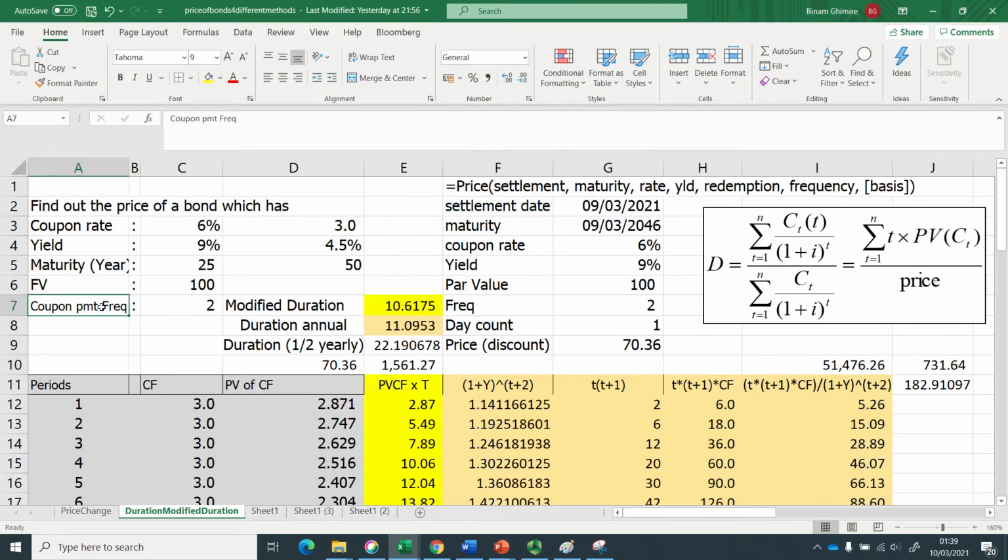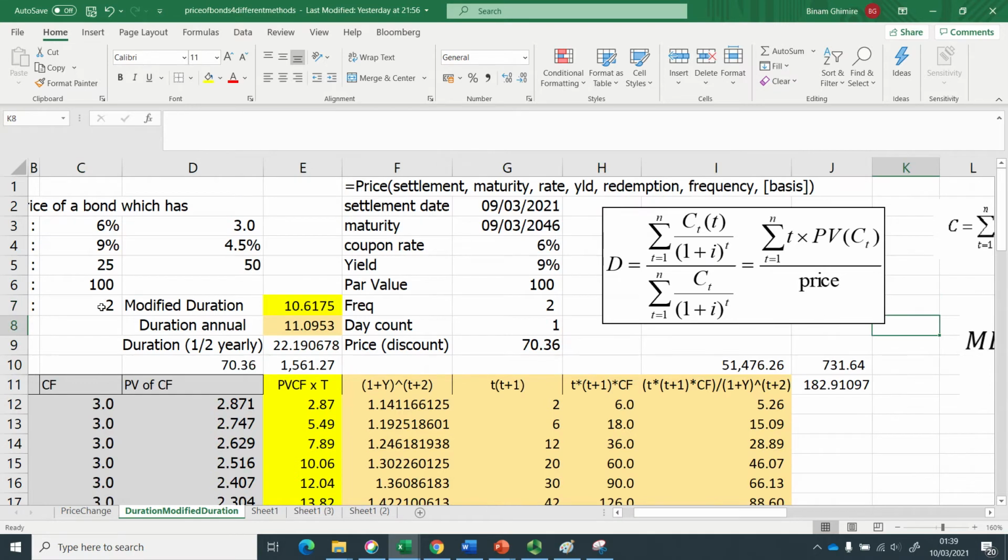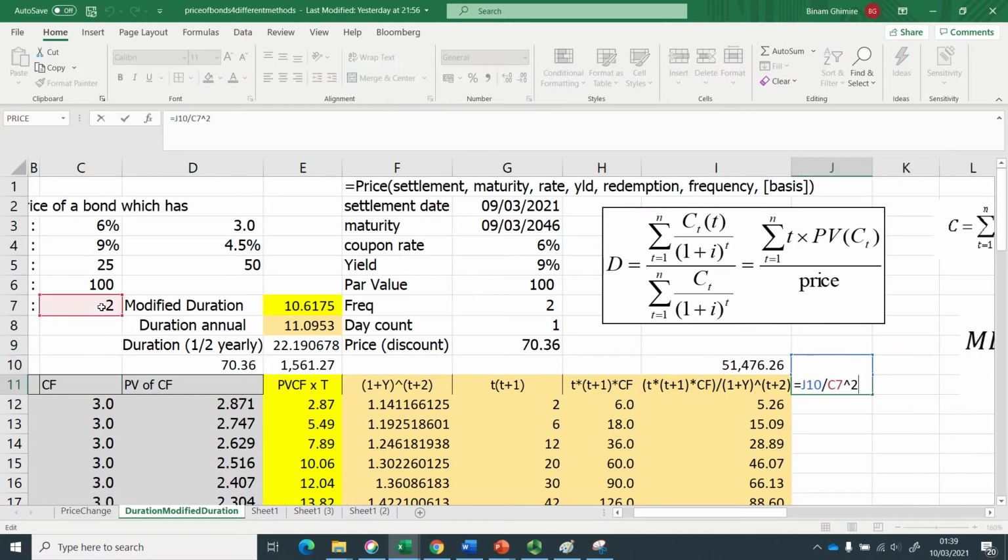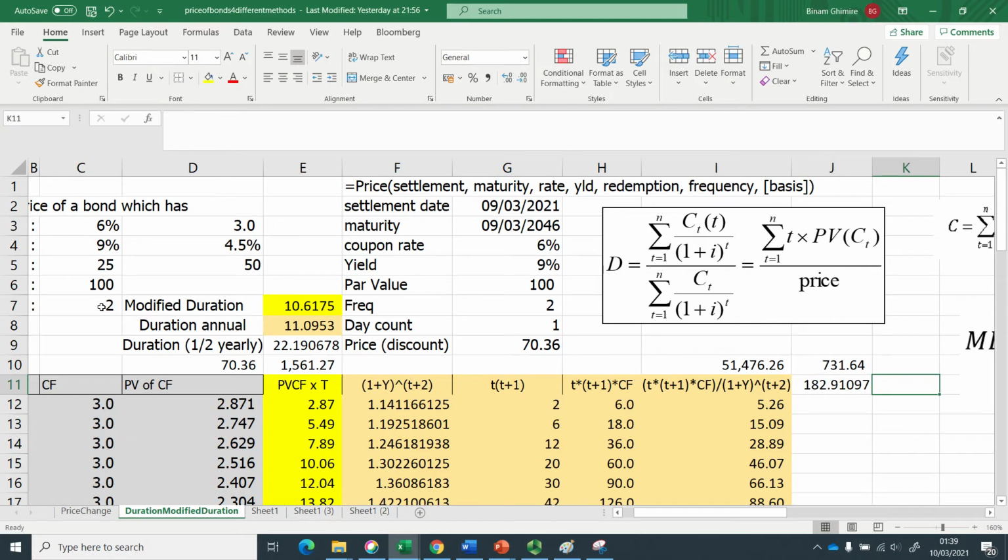Remember, instead of dividing by 2, in the case of convexity, you divide it by the square of that coupon payment frequency. Therefore, we achieve this. So now this is annualized convexity. Okay, so convexity has been found half yearly. This was half yearly, or I can simply write half yearly.